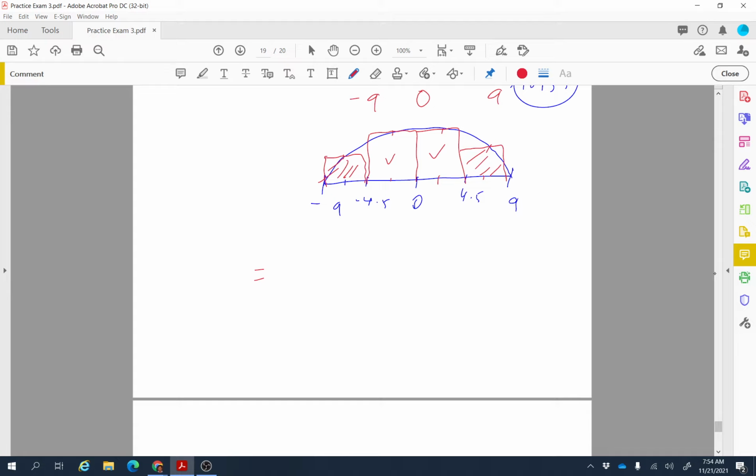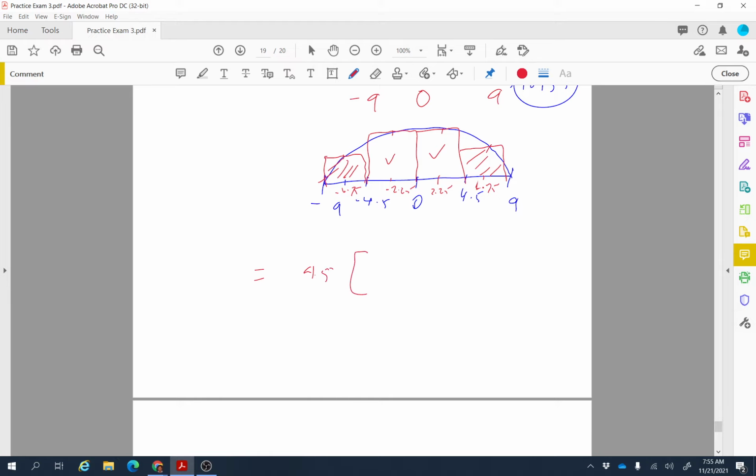What is the midpoint of -9 and -4.5? It's negative 6.75. This is negative 2.25, this is positive 2.25, and this is a positive 6.75. So the area would be the width, which is always the same, 4.5, times the height.